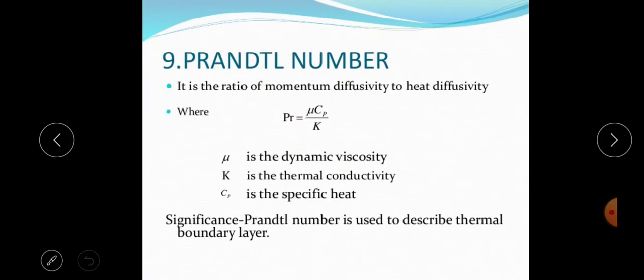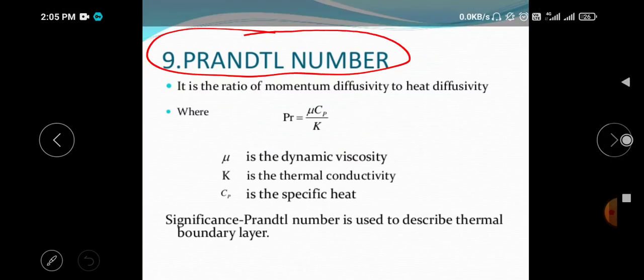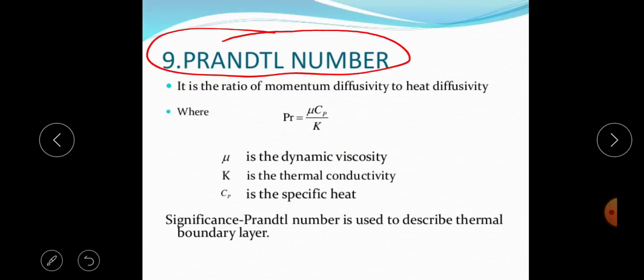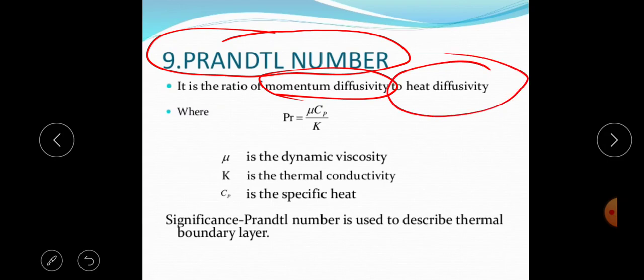So next is the Prandtl number. What is the Prandtl number? It is simply the ratio of momentum diffusivity to heat diffusivity. So we can write it as Pr equals mu Cp by k, where Pr is the notation for Prandtl number, mu is the dynamic viscosity, k is the thermal conductivity, and Cp is the specific heat.